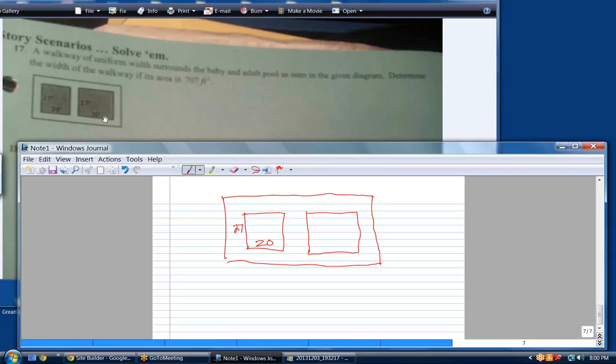And this is what? 28 by 27? The first shaded box is 27 by 20. The second one's 27 by 30. Okay. A walkway of uniform width, and the only thing we need is the width if the area equals 707.